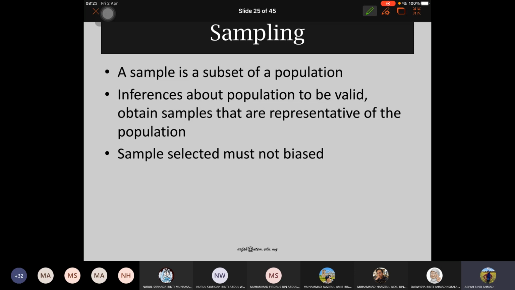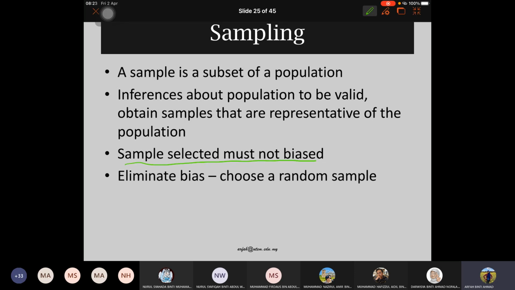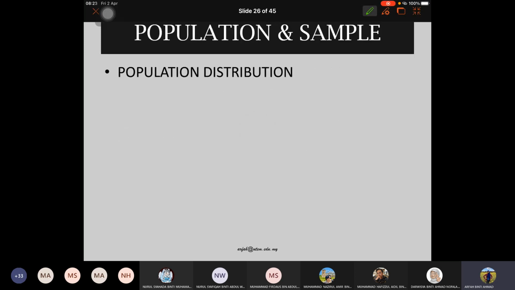Okay, and sample selected must not bias. Meaning that kita select sample secara random. Awak tak boleh letakkan certain criteria in selecting the sample. That is why sample selected must not bias. Tidak prefer to certain characteristic. So in order to eliminate bias, we will choose a random sample. Okay, so this is about sampling.